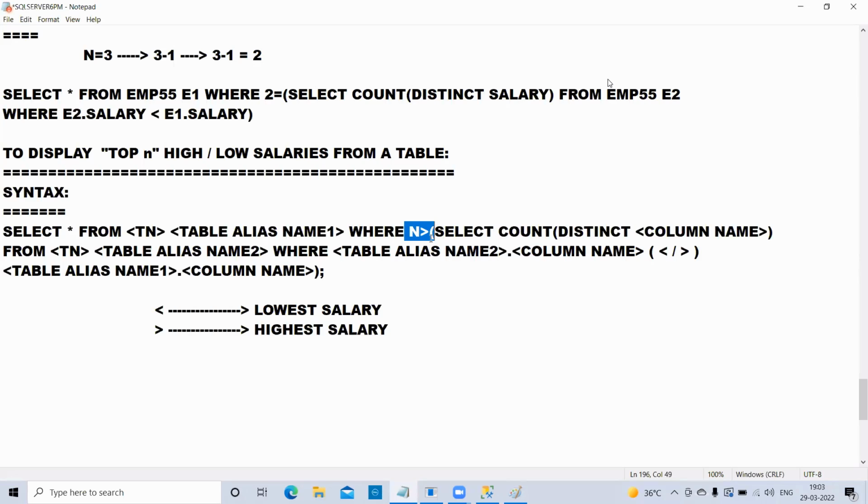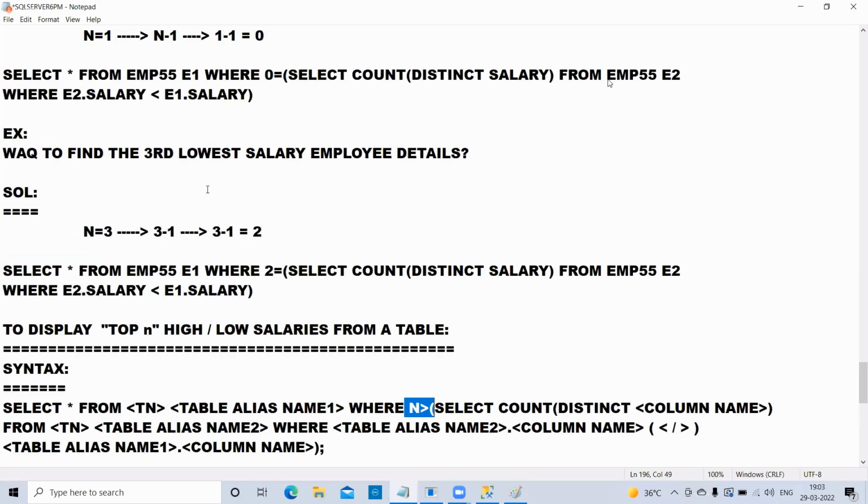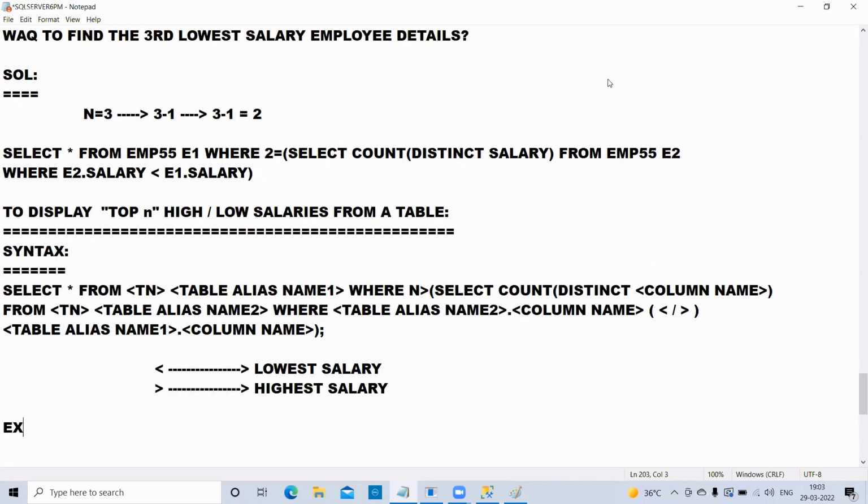Now my example here: write a query to display the top three highest salaries, employee details.